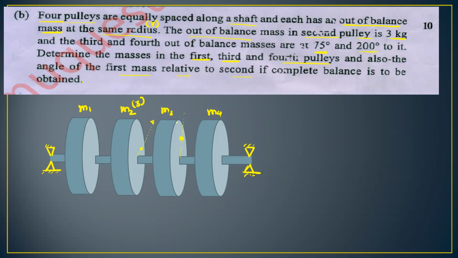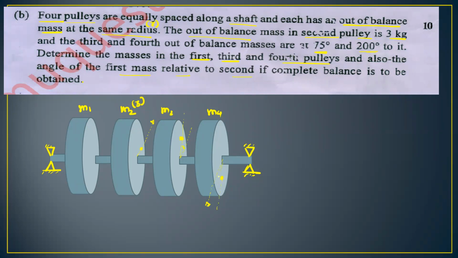So this is the mass 3, which is at 75 degree with respect to this axis. And next is 200 degree. Suppose this is negative x-axis. So somewhere here, this is the center of gravity.